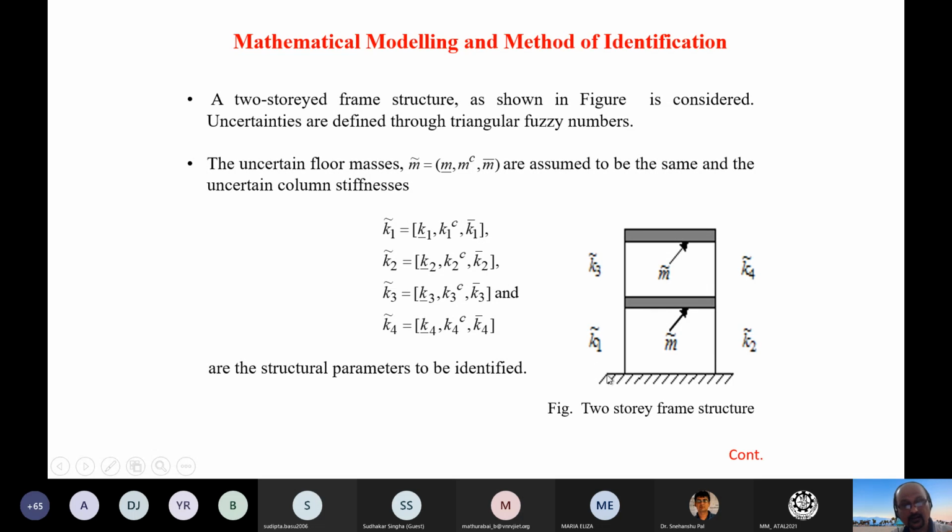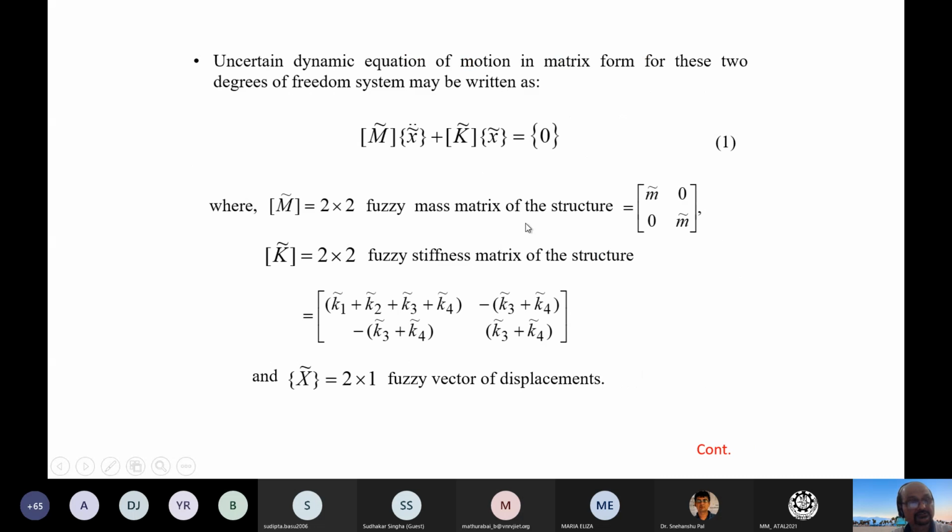We are assuming K1, K2 equal, K3, K4 equal. Anyway, we'll convert this to an eigenvalue problem, Mx double dot plus Kx is equal to 0. I told you how to solve it if there is uncertainty, so now I am not going into those details.